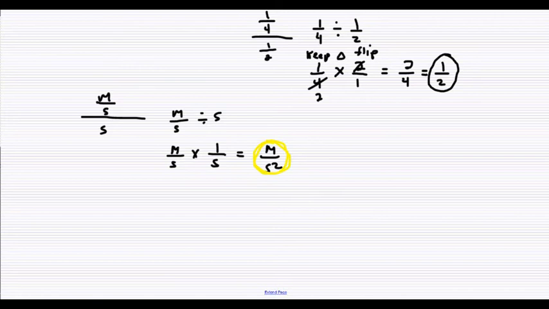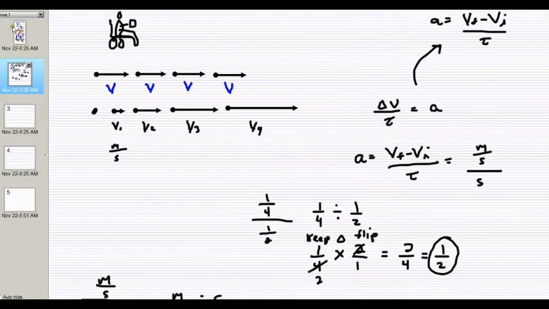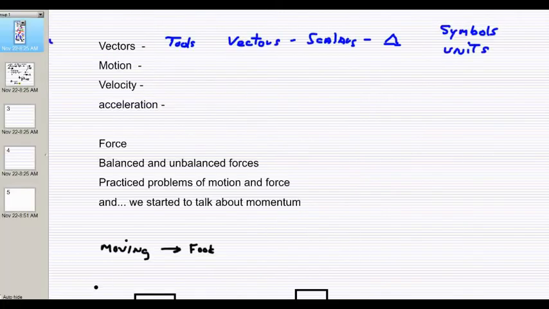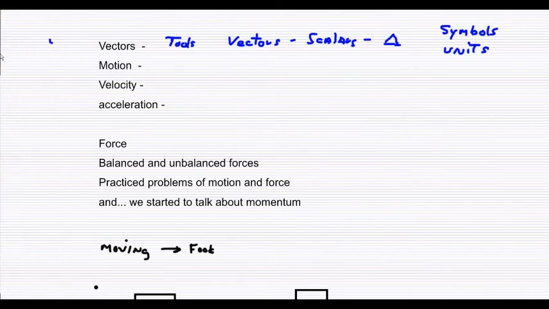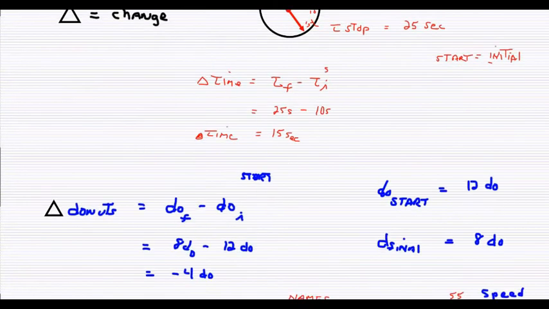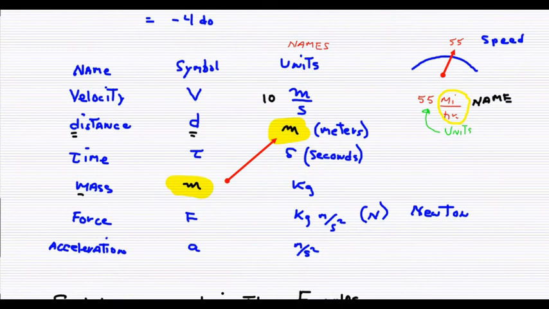Where do we see this before? We saw it somewhere. Where do we see this thing? Oh yeah, over here. Meters per second squared. Right there.